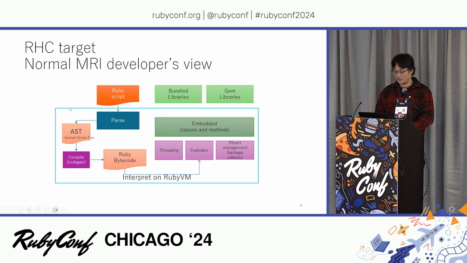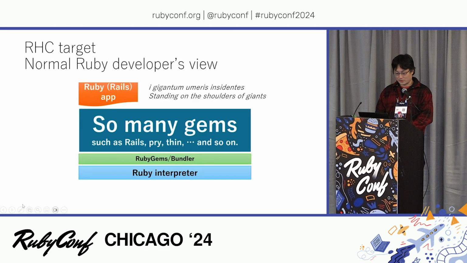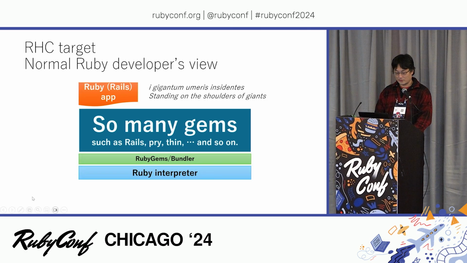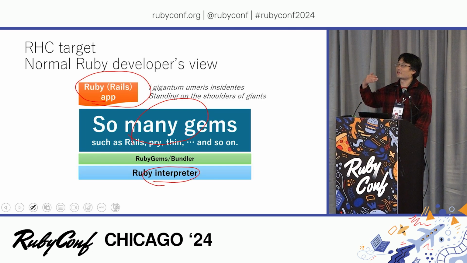Usually you are writing an application with many gems, such as Ruby on Rails, and the Ruby interpreter is at the lowest level of the software stack.